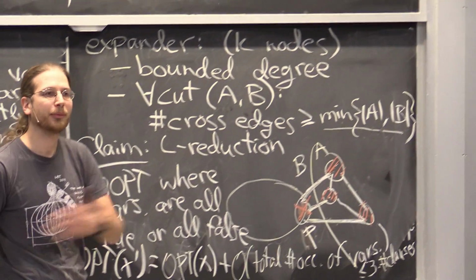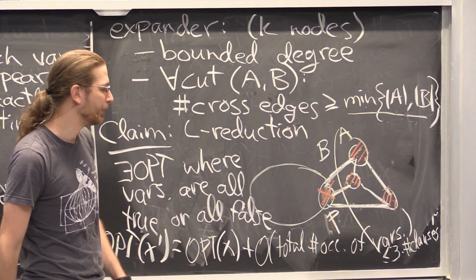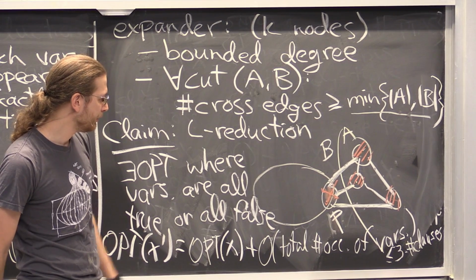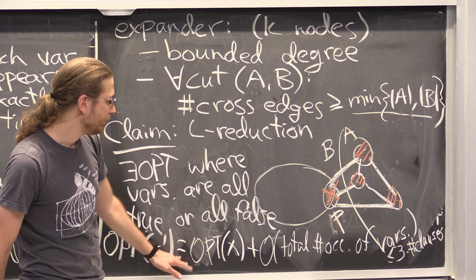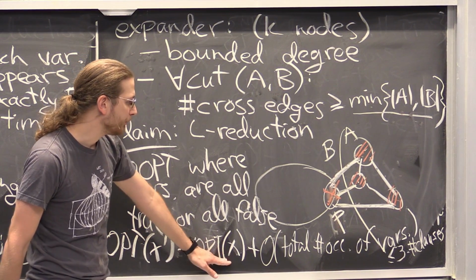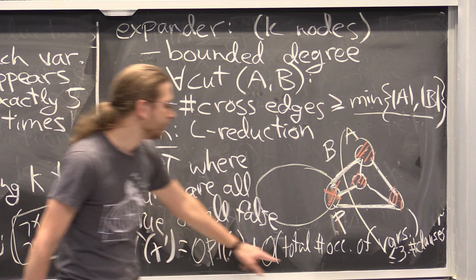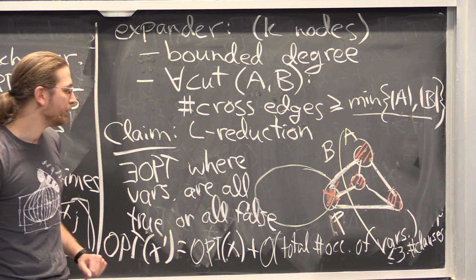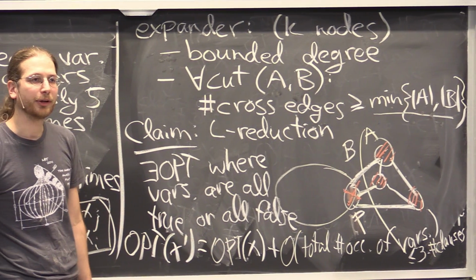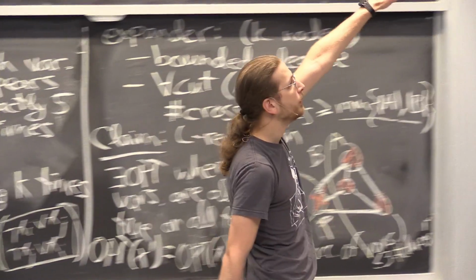I think you just randomly assign the variables, and some constant fraction will be satisfied in expectation. So there's definitely a solution where opt of x is at least some constant times the number of clauses. And so adding some constant times the number of clauses doesn't change the overall cost by more than a constant factor. So property 1 holds.